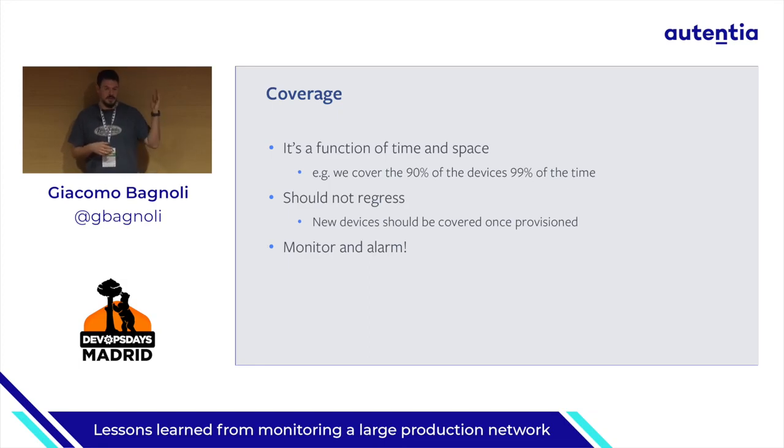We have alerts that come to our on-call and say, over the past two weeks, coverage decreased, and we need to make sure this doesn't happen. So we monitor it. We have a dashboard for it.